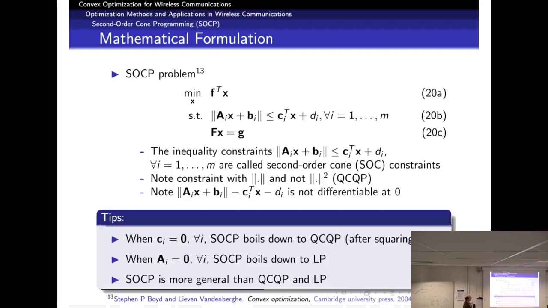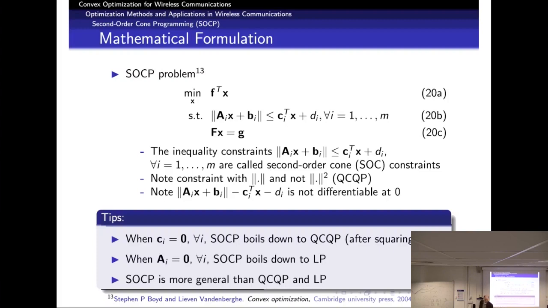So SOCP is a slightly different formulation. You don't have a quadratic objective function, you have a linear objective function. But your constraint is a bit more complicated. The constraint looks like a norm: it's a 2-norm of a vector of an affine function that has to be smaller than an affine function. This is what characterizes this cone.